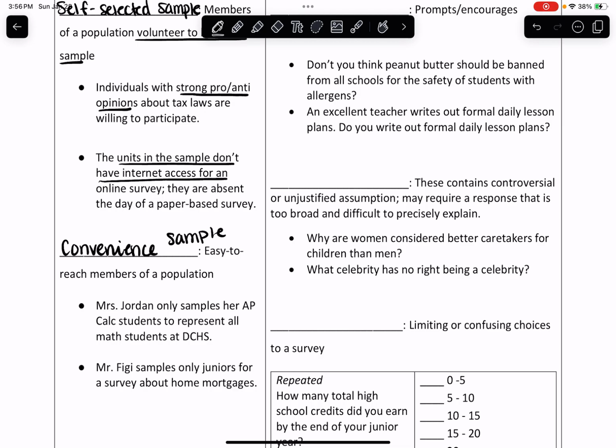Or if Mr. Figgy only samples the juniors for a survey about home mortgages and then says that applies to the opinions of the whole high school. A convenience sample is when you're reaching out to the group closest to you and seeing whether or not those people can be representative of a larger population that you don't necessarily have access to easily.